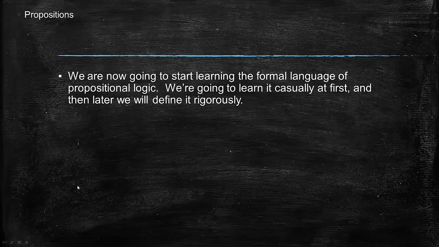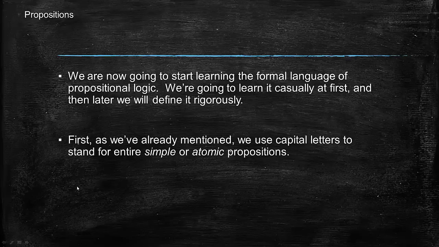So we're now going to start learning the formal language of propositional logic. And we're going to approach it casually at first, and then later we'll define it rigorously. So first, as we've already mentioned, we use capital letters to stand for entire, simple, or atomic propositions.